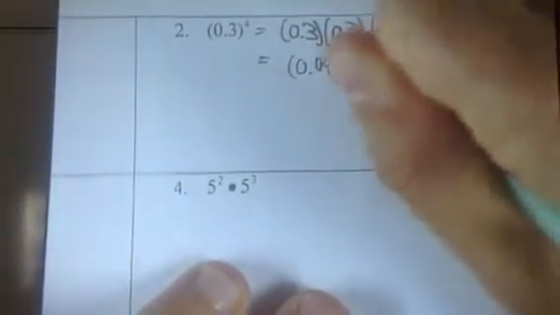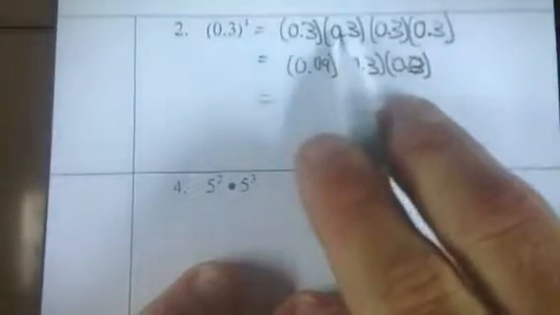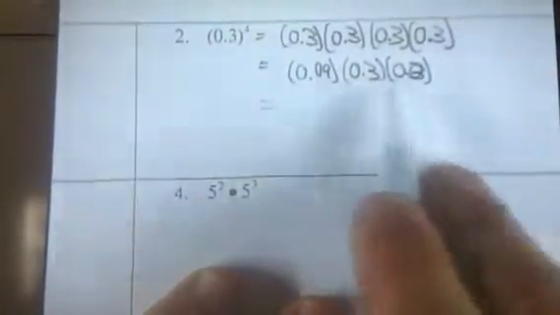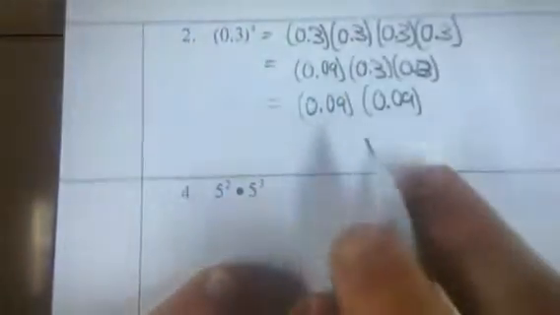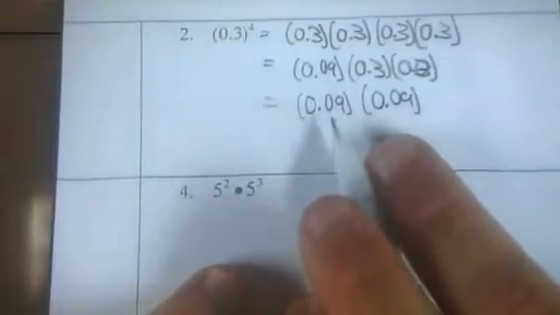Let's just bring it down. Times 0 and 3/10 times 0 and 3/10. If I know 0 and 3/10 times 0 and 3/10 gives me 0 and 9/100, I can do the same thing right there. 0 and 9/100 times 0 and 9/100.